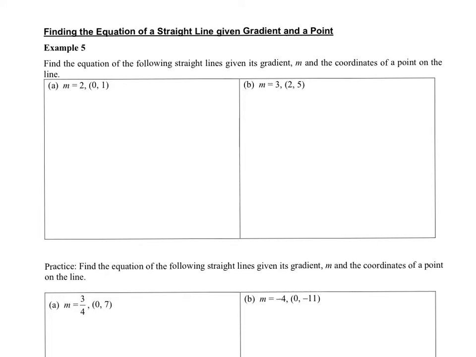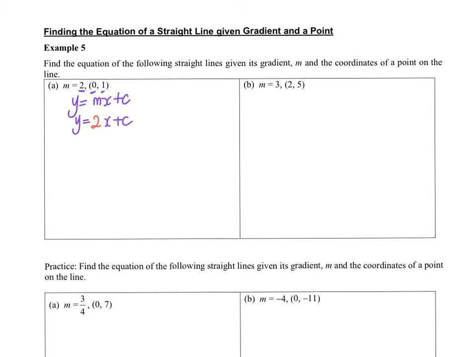Given a gradient of 2, my equation originally is y equals mx plus c, but now they tell me the gradient m is equal to 2. So my equation changes to y equals 2x plus c. And now I have a point here, (0, 1).